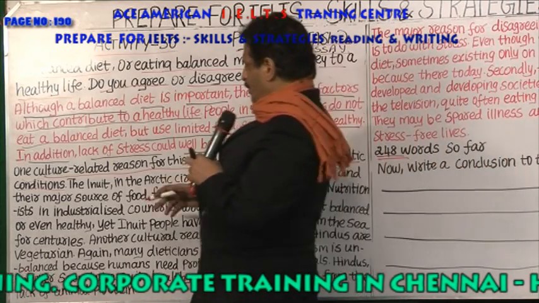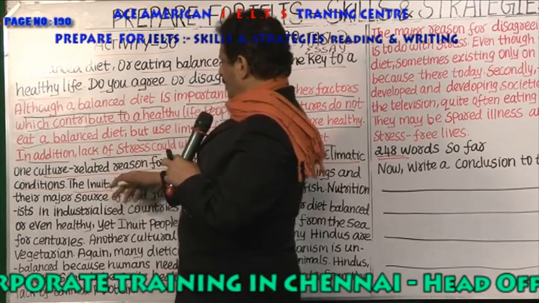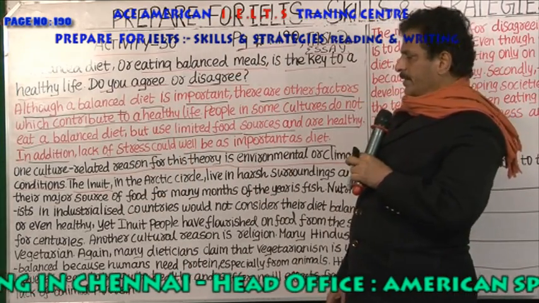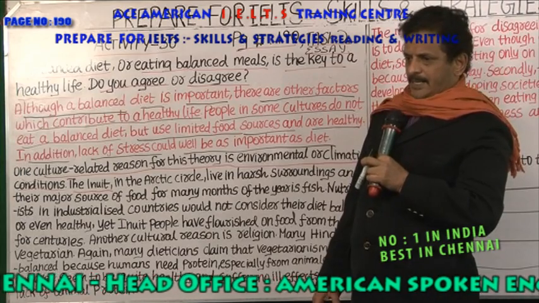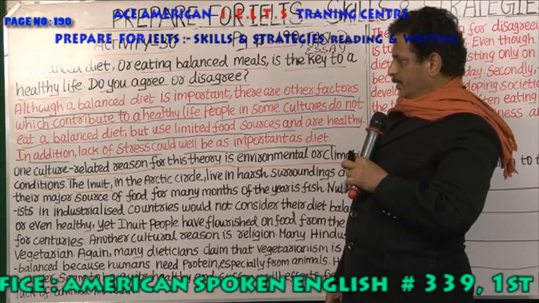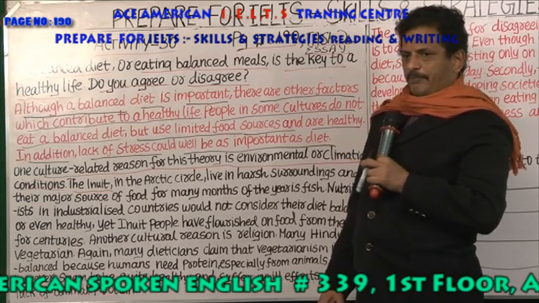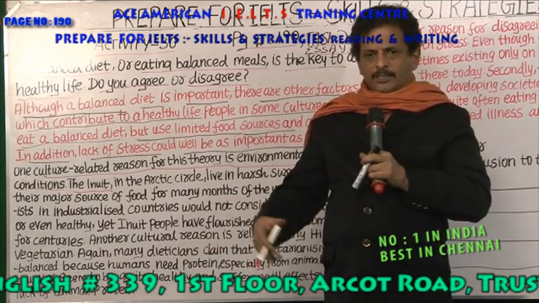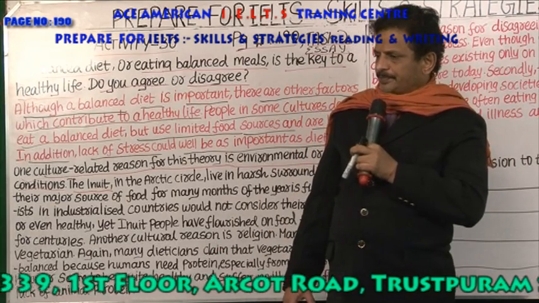He says the Inuit. What do you mean by the Inuit? The people who live in the Arctic Circle, they are called Inuit. It's very easy, right? I-N-U-I-T, Inuit. So these people don't have any agricultural activities going on there.